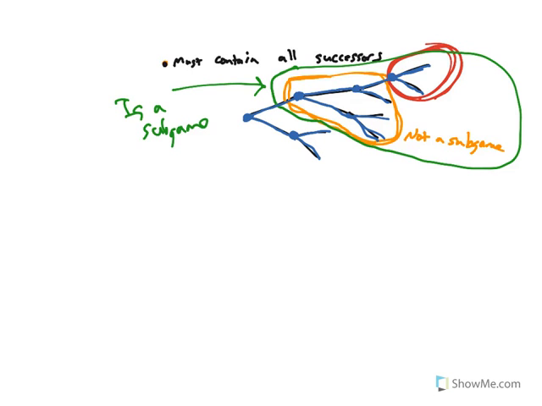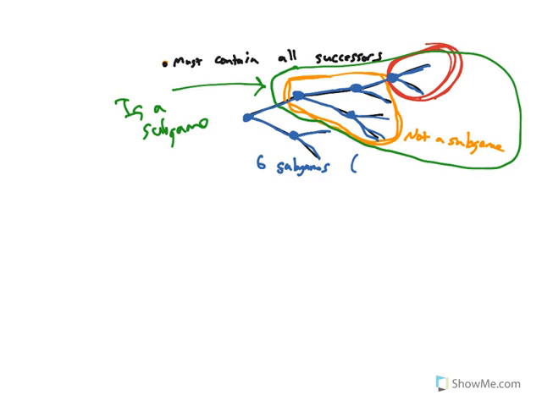We say that the entire game itself is always a subgame. So every game has at least one subgame, which is the full game itself. But not all games have more than one subgame. This game actually has 1, 2, 3, 4, 5, 6 subgames.